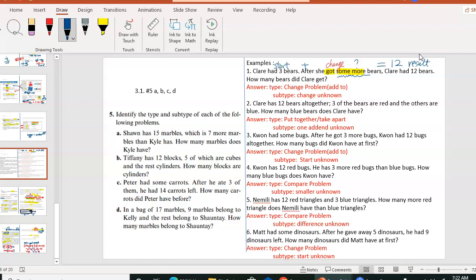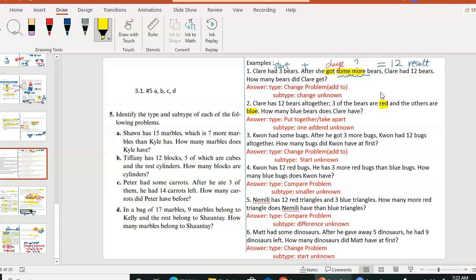Okay, so next, second one. Claire has 12 bears altogether. 3 of the bears are red, and the others are blue. So usually, I noticed in this sentence we didn't see any words like got some more or gave away or buy some more things.